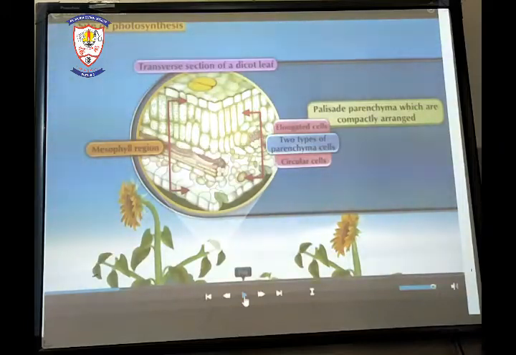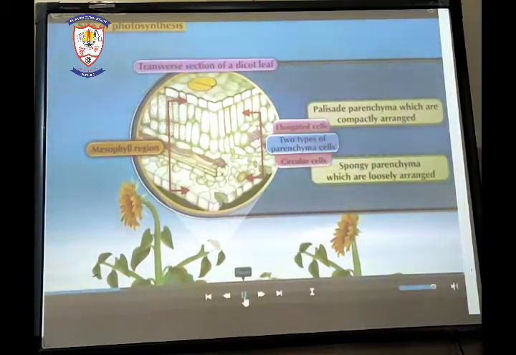And see, radially these elongated cells are palisade parenchyma, which are compactly arranged with each other, and the circular cells are spongy parenchyma, which are loosely arranged.